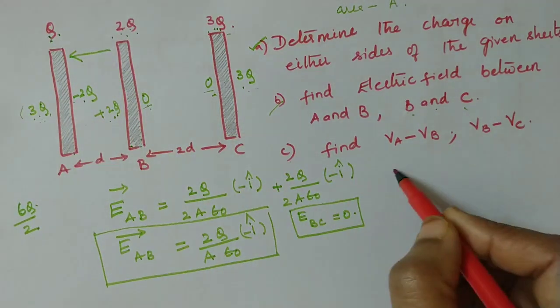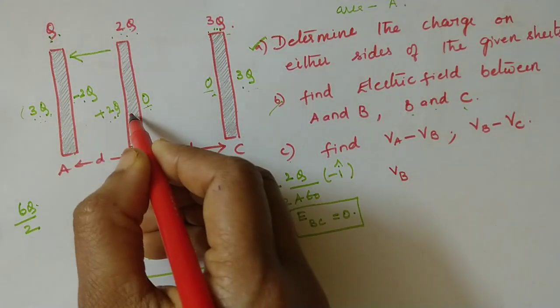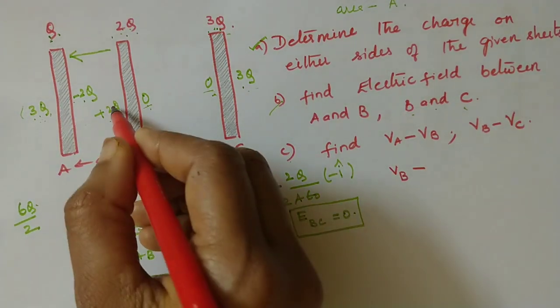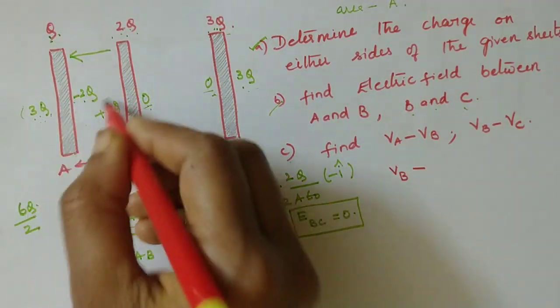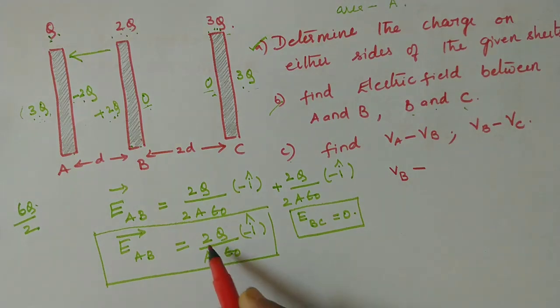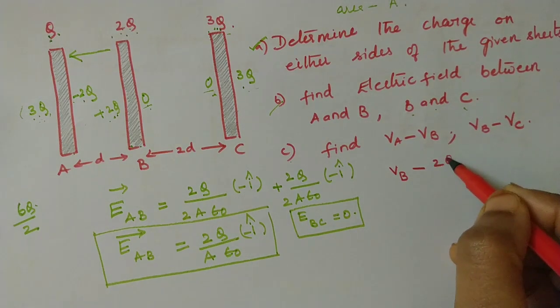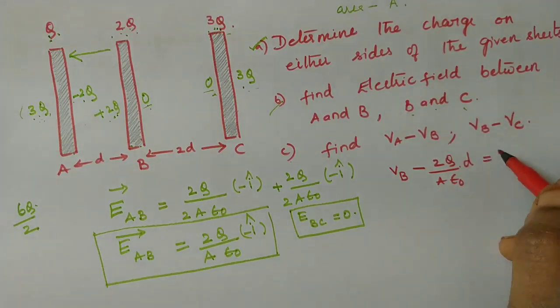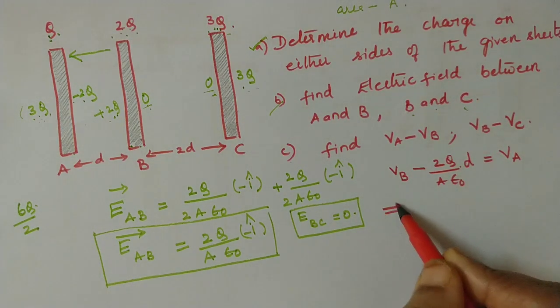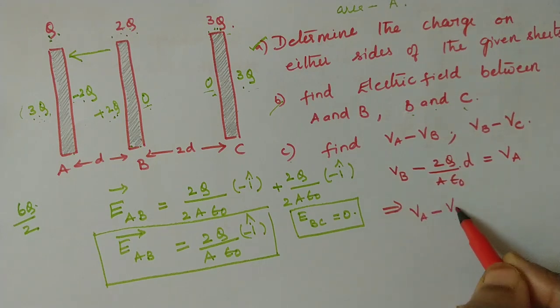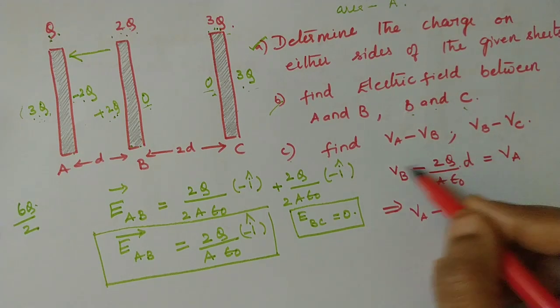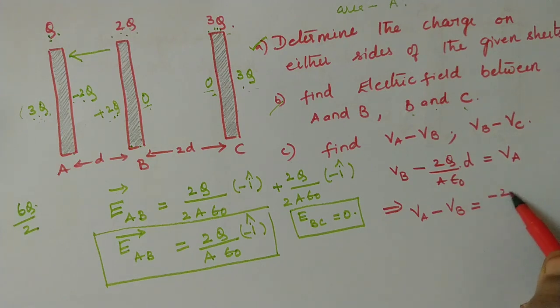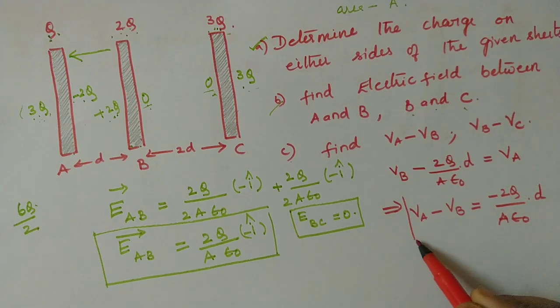So if I start from B, the electric field is 2Q by A epsilon naught, into the distance between the plates, D. So VA minus VB is minus 2Q by A epsilon naught into D. This gives you the potential difference between A and B.